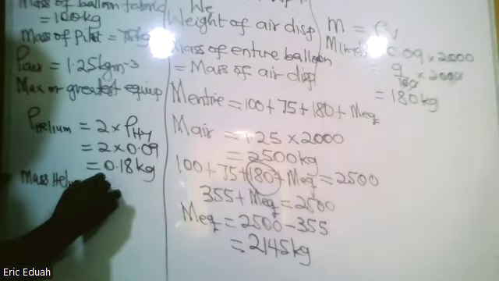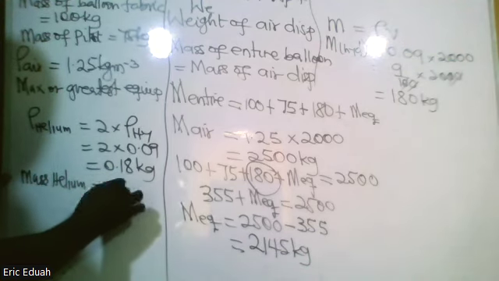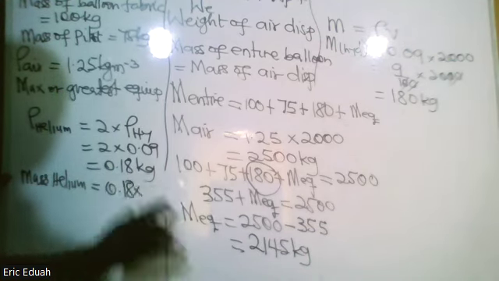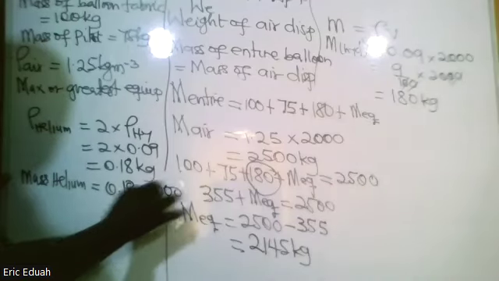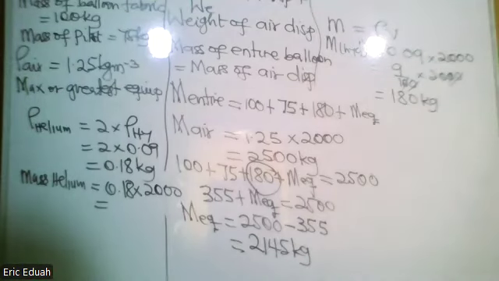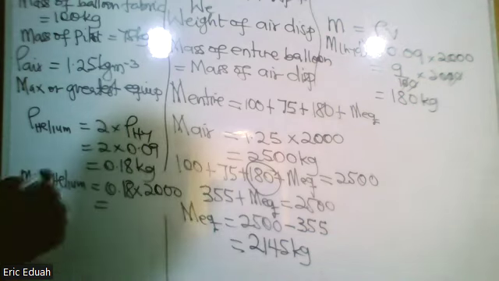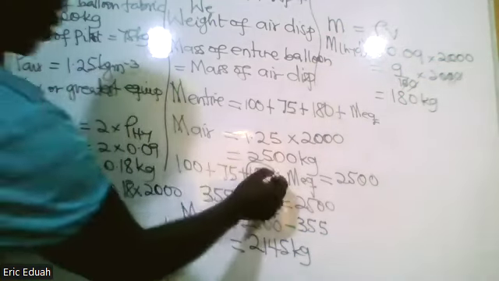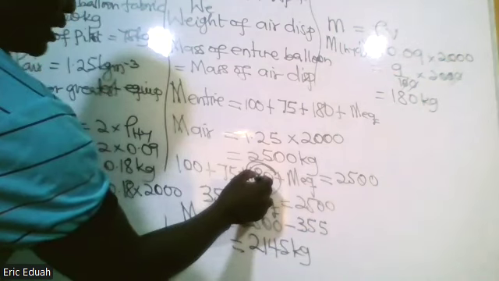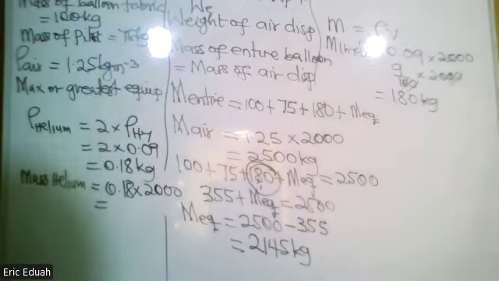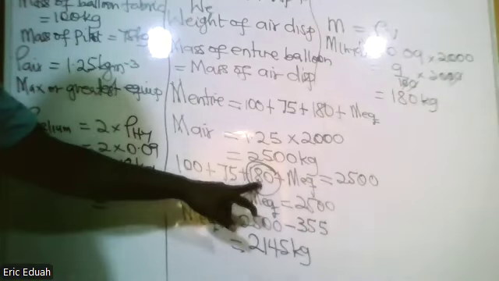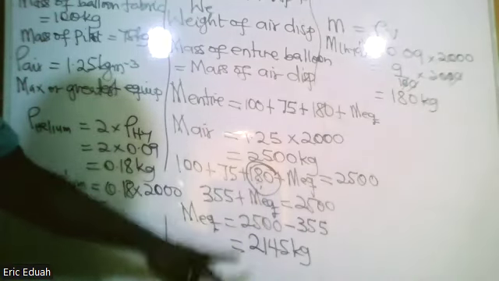This is the new density, 0.18 times the volume 2000. So the new mass of the helium will be twice the mass of this. The only difference here is that this will not be 180. This time this will be 360. Mass of helium would increase to 360.